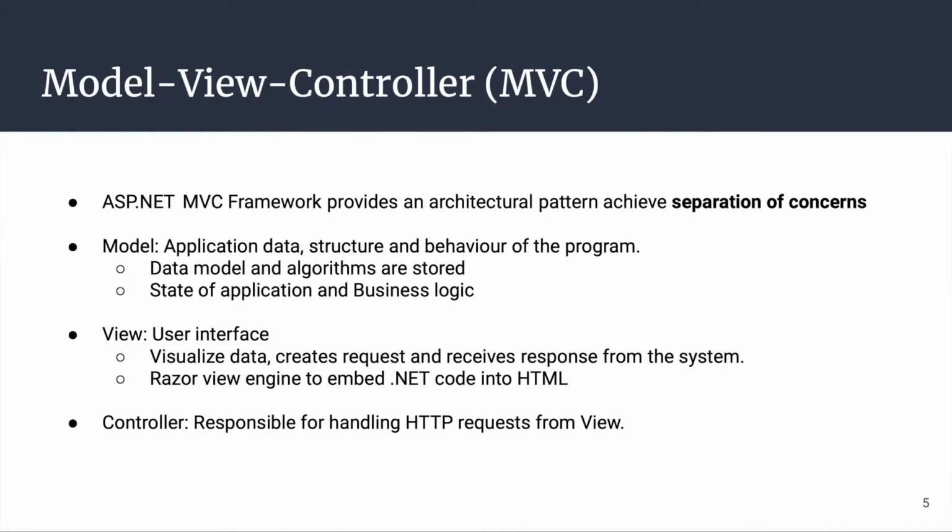Specific to .NET technologies, we can utilize the Razor View engine to embed .NET code directly into our HTML. However, the code that we include in our HTML should be minimal, and the .NET logic in the views should only relate to presenting content to the user. Lastly, the controllers will define the entry points for interacting with the models and how the application should render views.